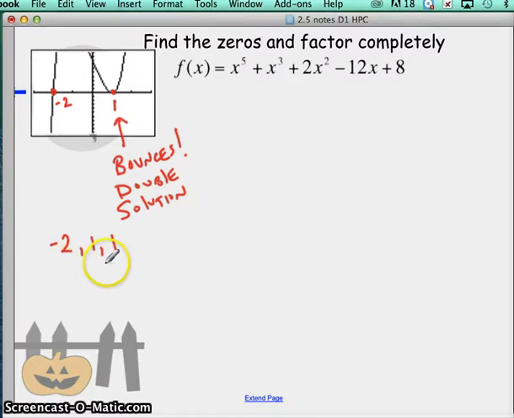I have 3 out of my 5 solutions so far. 3 reals out of my 5 solutions, so that means that 2 of them have to be imaginary.